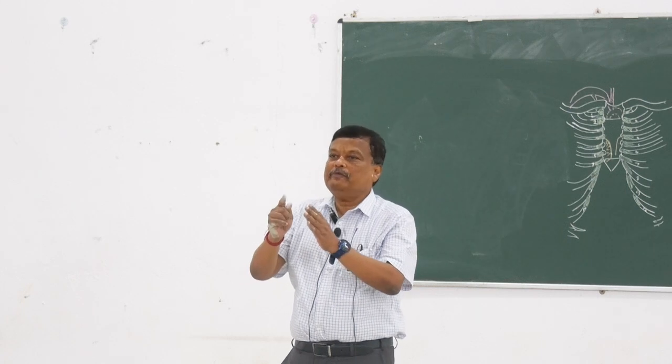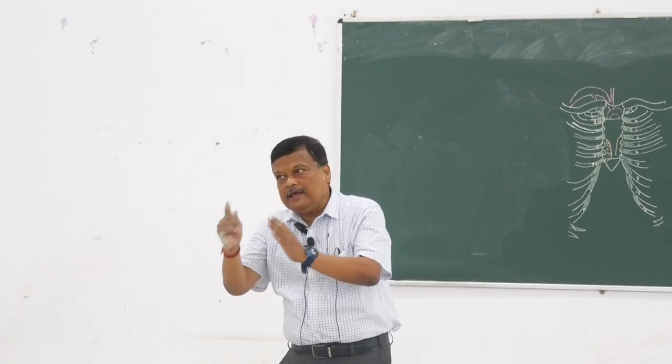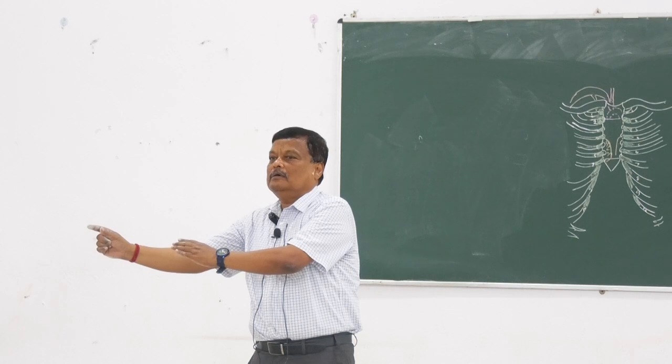So left subclavian artery is a branch directly arising from the aorta.